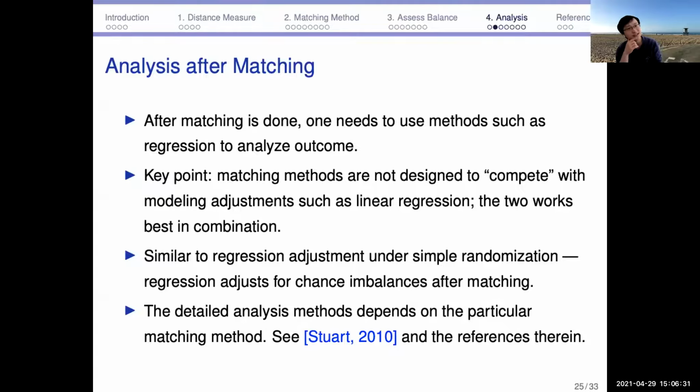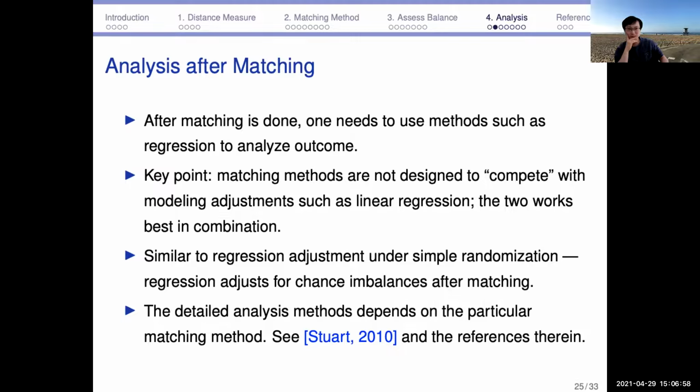Okay, so how do we do analysis after matching? The way to do it is just like what you would do in analyzing a simply randomized experiment, because we have as-if simply randomized treatment assignment in the matched sample.